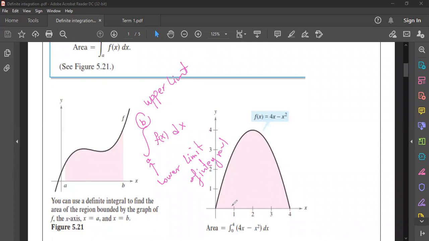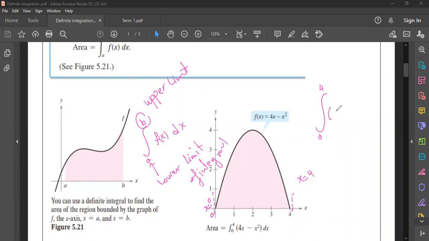As you see here, to find the area bounded by the curve of this function, the x-axis and the two vertical lines, x equal 0 here, x equal 4, it will be defined by the integration from x equal 0 to x equal what? 4. From 0 to 4, two vertical lines, okay? Or where the function is defined on this closed interval, from 0 to 4.